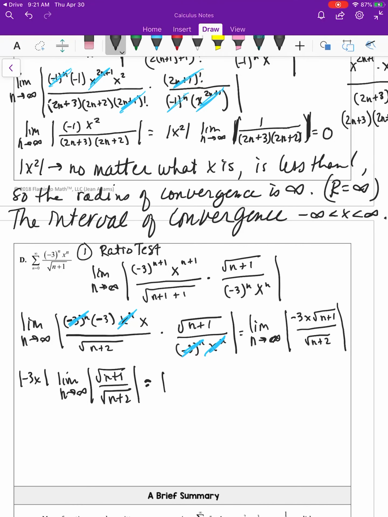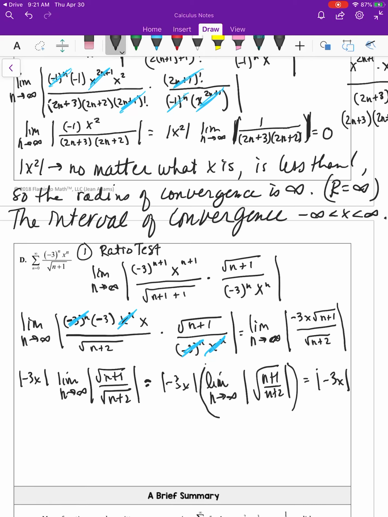What does this limit equal? Well, the strong term is square root of n. So this becomes 1, and the square root of 1 is 1.